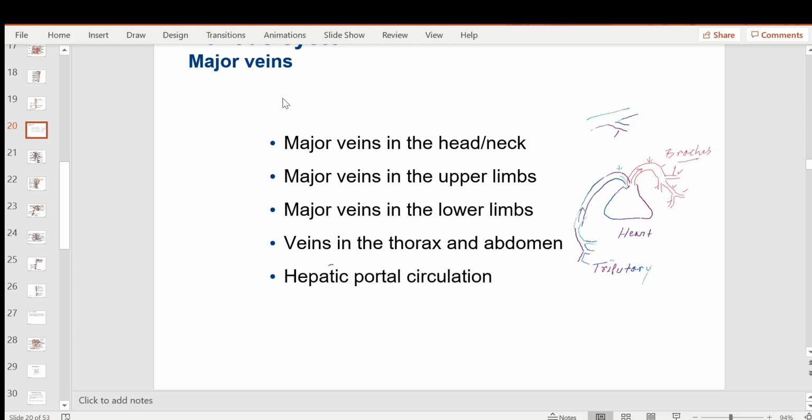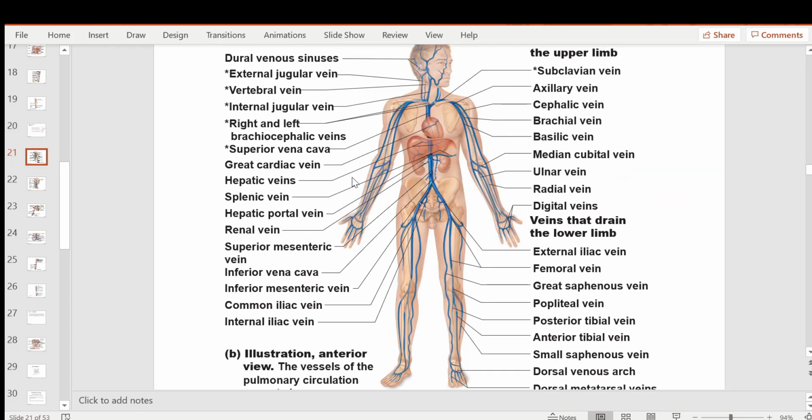Now we'll see the veins in different locations in your body. First, in this picture you can see the major veins in the body. So let me give you an overview of the entire body first.